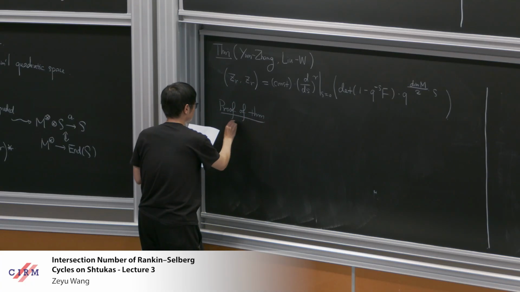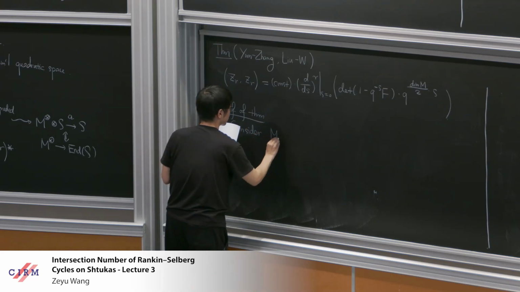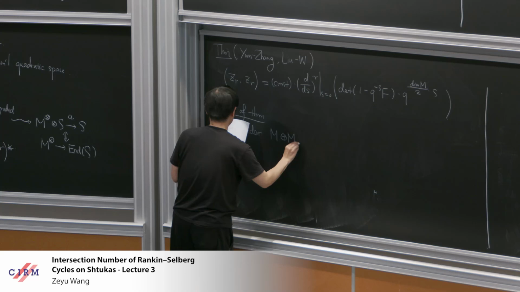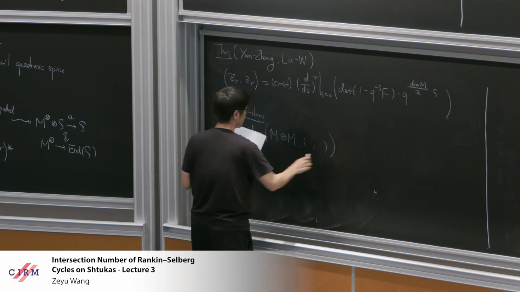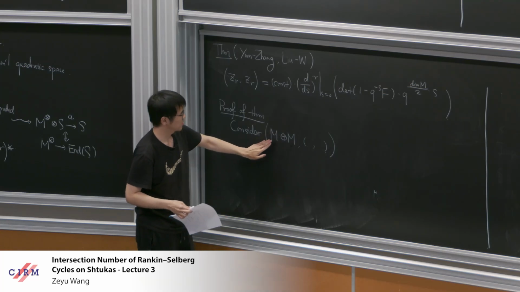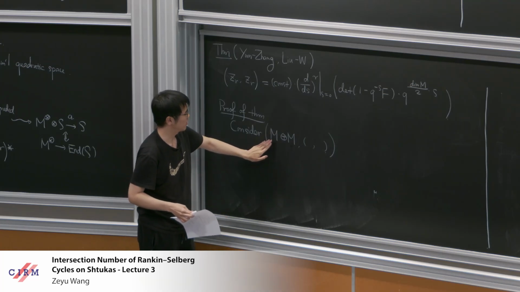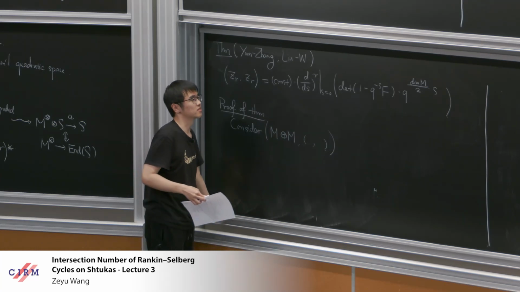Okay, so how do you prove this? You can consider M direct sum with M, with the obvious bilinear form, by declaring that these two vector spaces are orthogonal.